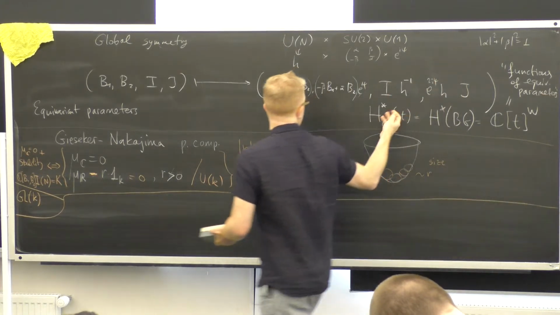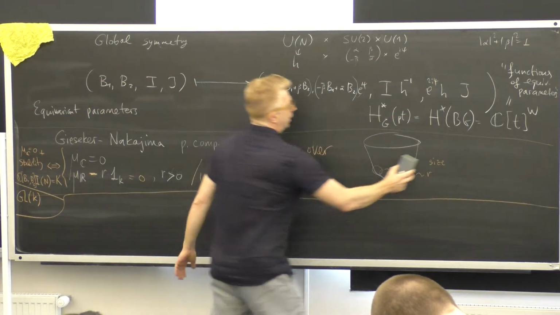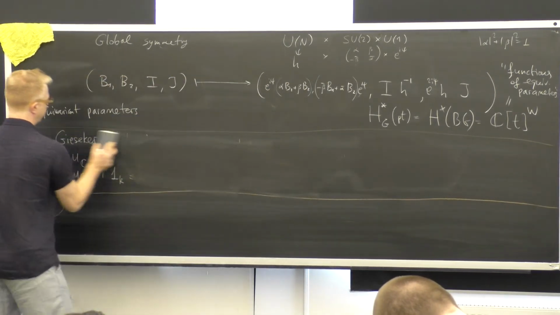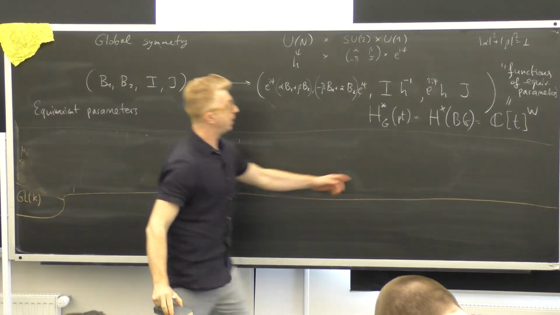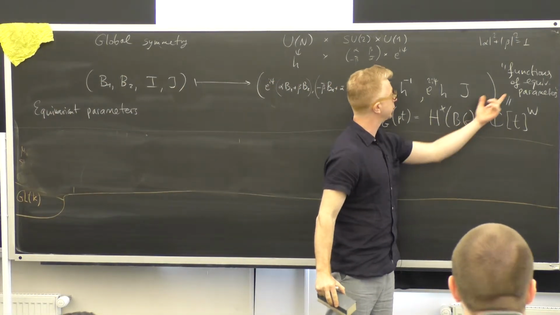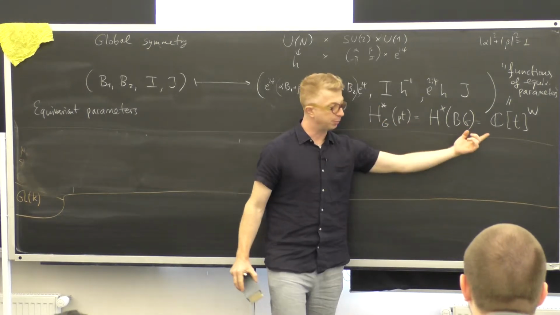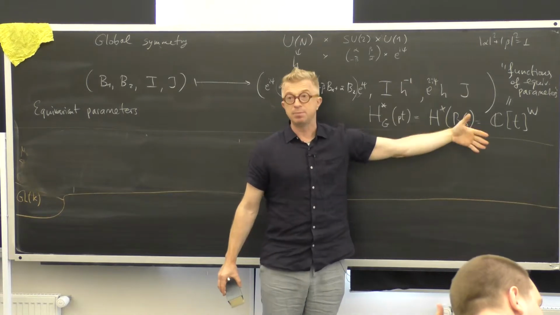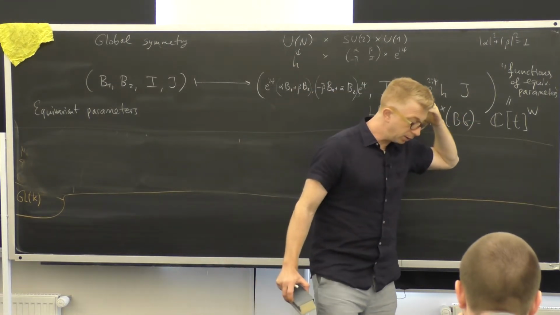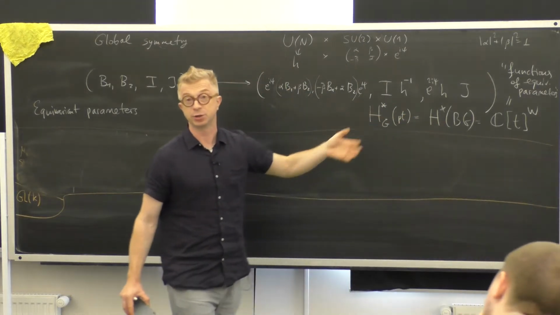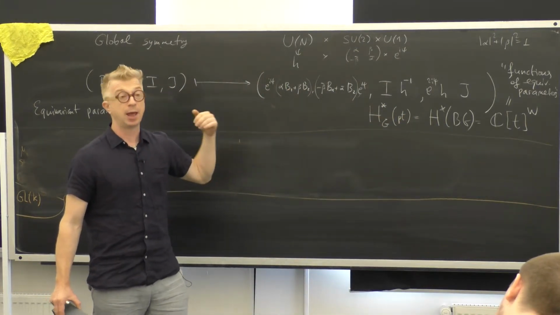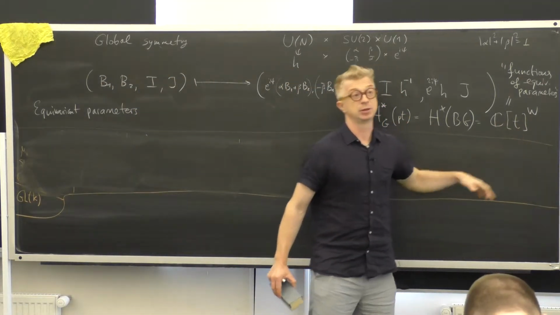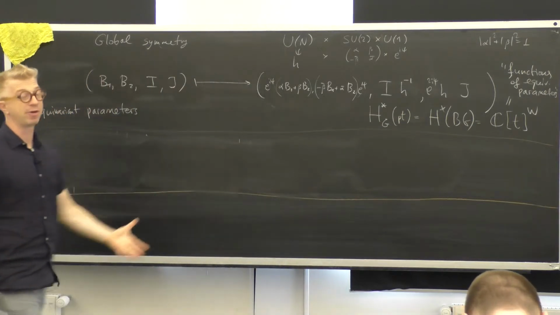And this is justified by the interpretation of the equivariant forms as functions on the Lie algebra valued in differential forms, which upon integration become conjugation invariant functions. So they're class functions on the Lie algebra, and therefore they're W invariant functions on the maximal torus. And so they are functions of equivariant parameters.